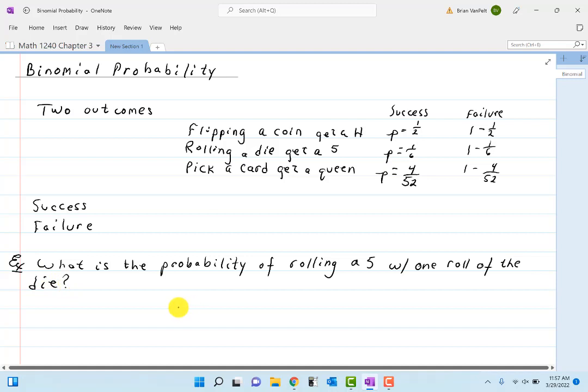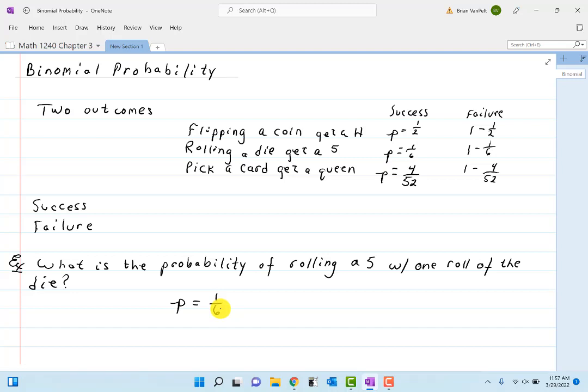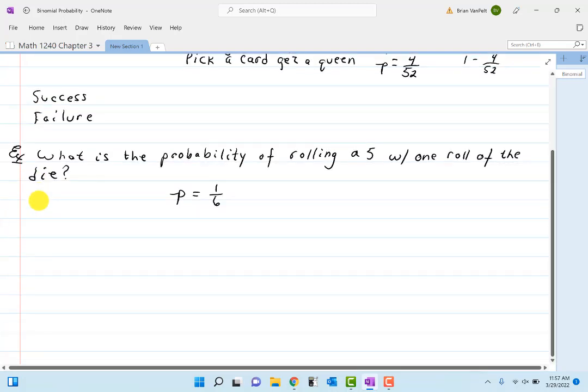So here we know the probability of success is P equals 1 out of 6. You know that you've only chosen one number out of 6 that are possible. The probability of rolling anything else is the probability of failure.